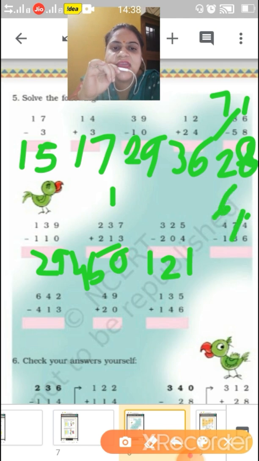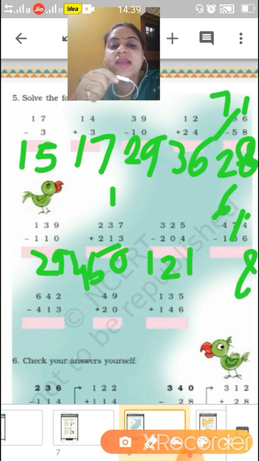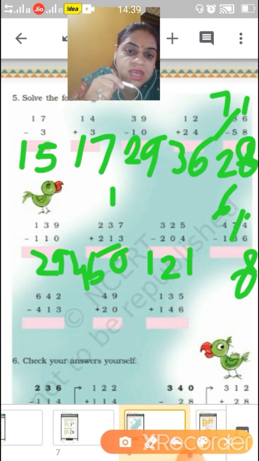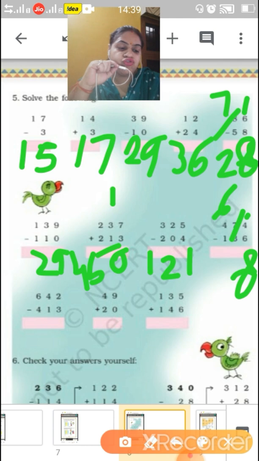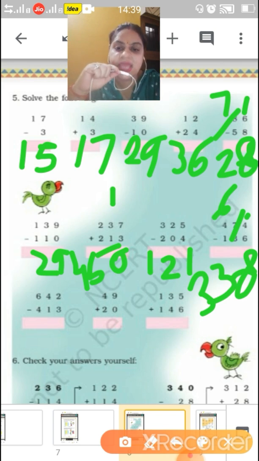Here it is 6. 14 minus 6, what will we get? That is 8. Okay, children. And 7 minus 3, now it is 6. So what are we getting? 6 minus 3, that is 3. And 4 minus 1, that is 3. So your answer is 338.